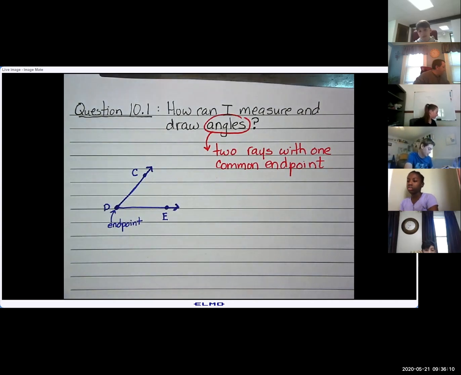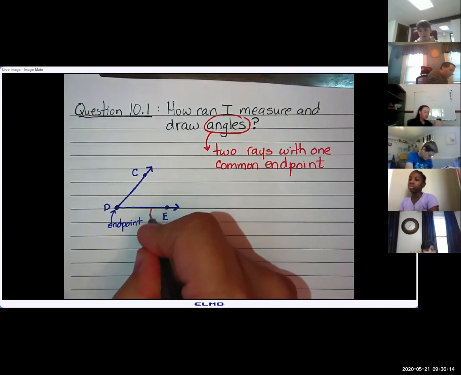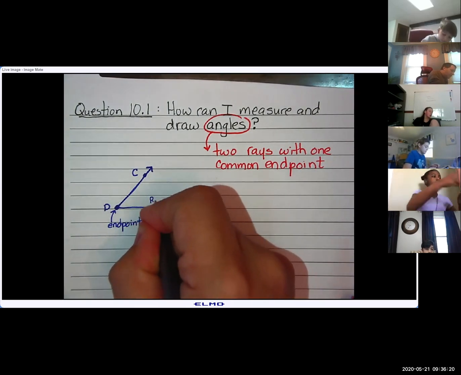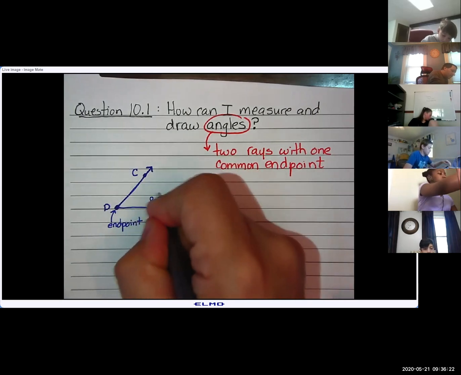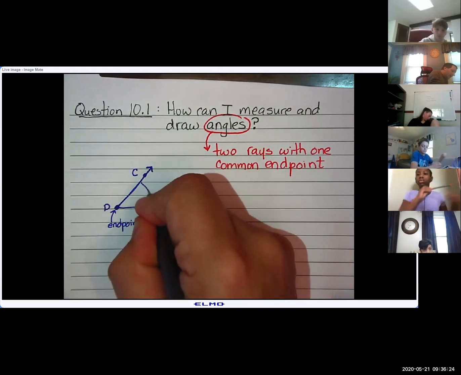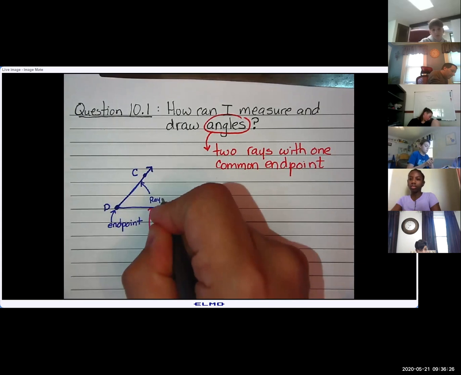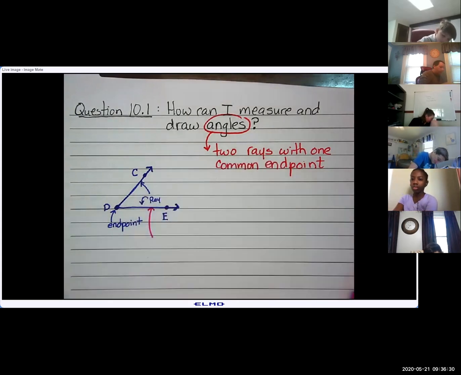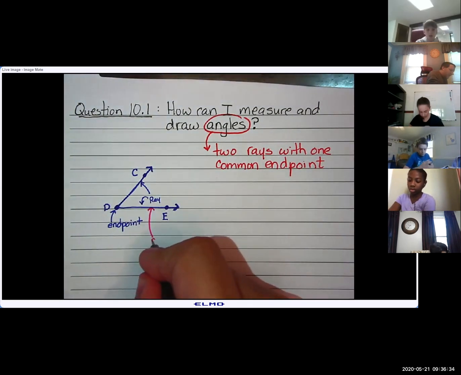And in yesterday's lesson, do you remember we talked about what we called this thing right here? Yes, it is a ray. That's a ray. And that's a ray. But do you remember yesterday we called this thing a side?